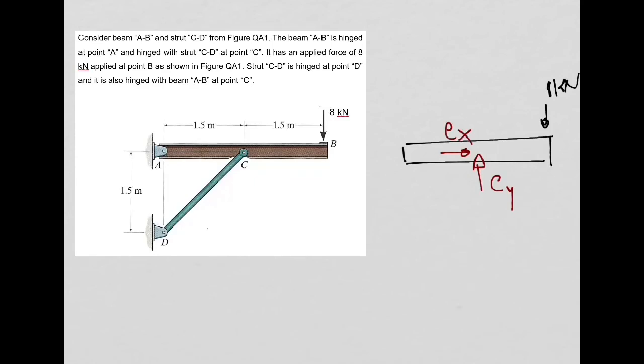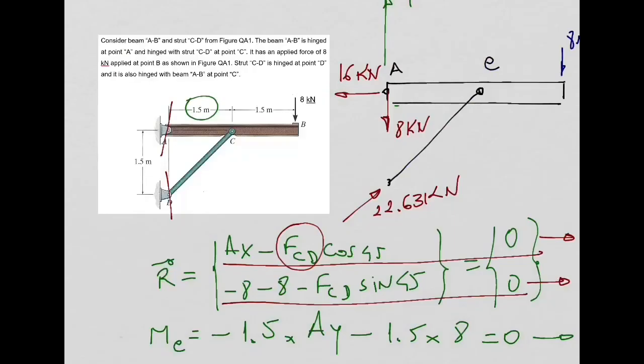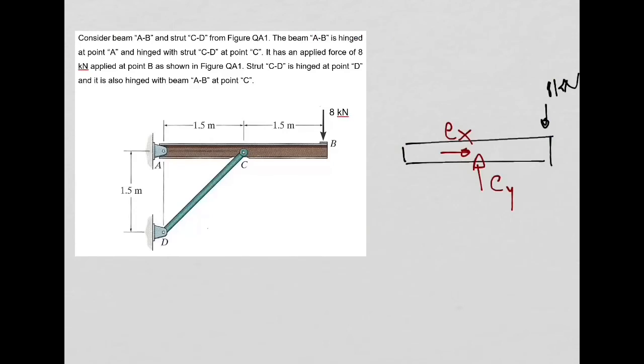Point C of the beam. Alright? We know already the reactions at point A, 16 and 8. Right? I want to know this CX and CY, the reactions at point C on the beam.